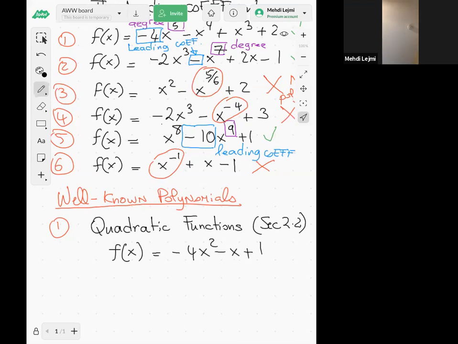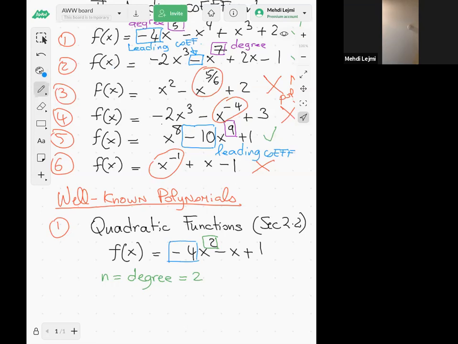In the quadratic function, the highest power is 2, so that would be the degree. So the degree n is equal to 2. And my leading coefficient, of course, is the number in front of x squared, which is -4.